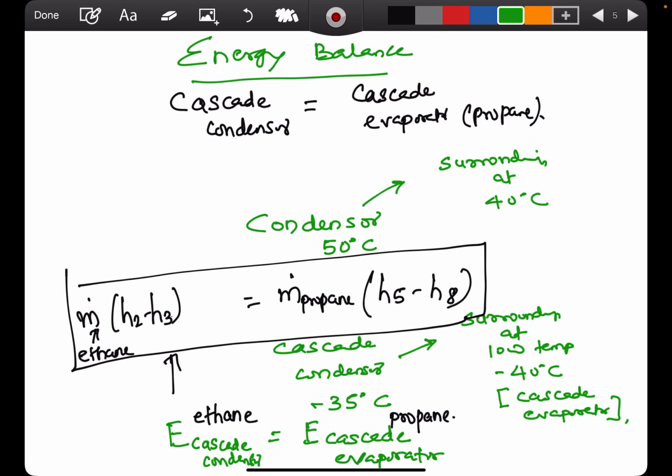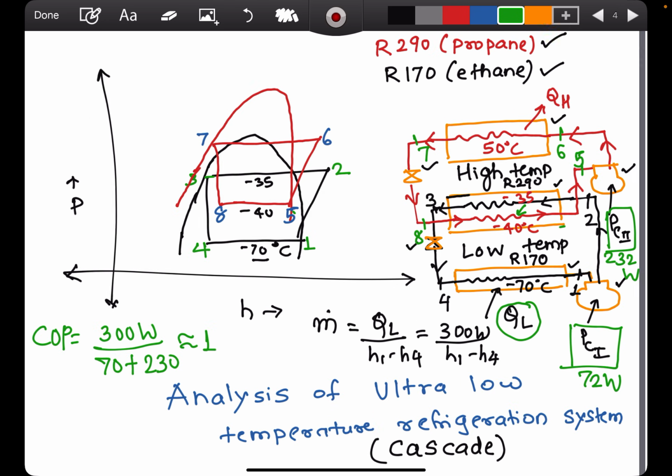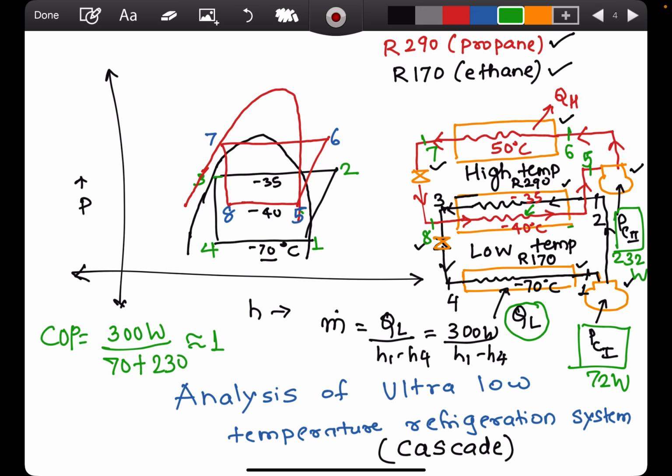So this energy balance you have to understand. Otherwise, the analysis is simple. Hope you understood the analysis of the ultra low temperature refrigeration system, namely the cascade refrigeration.